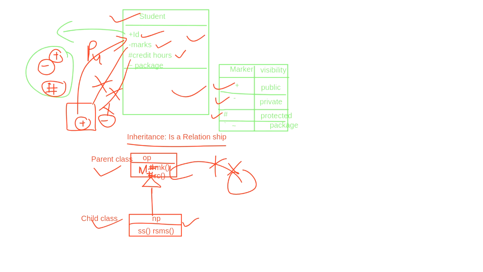So, in association relationships, let's talk about associations now. Associations are of different types. What do you mean by an association? An association represents a static relationship between the classes.